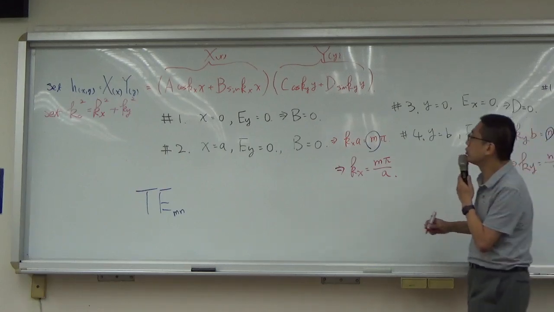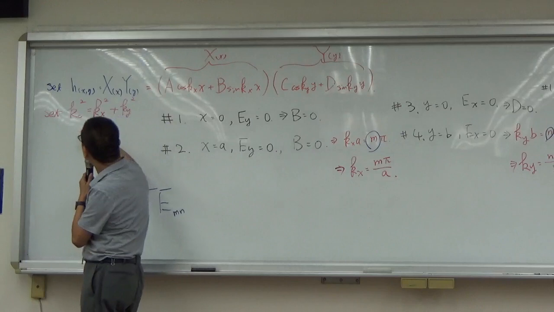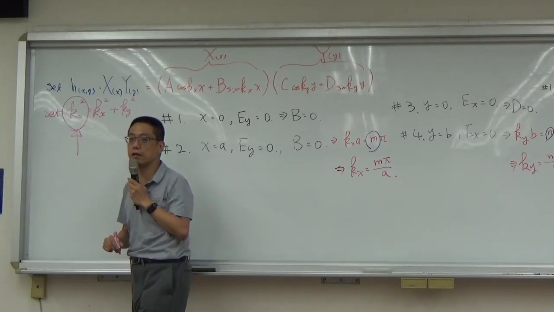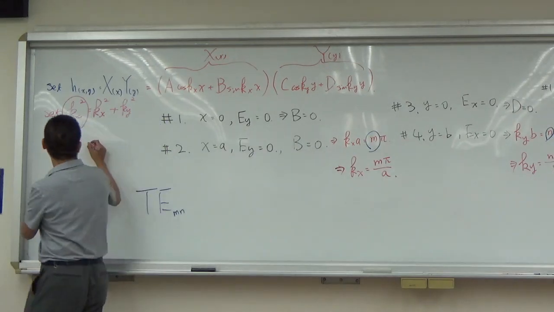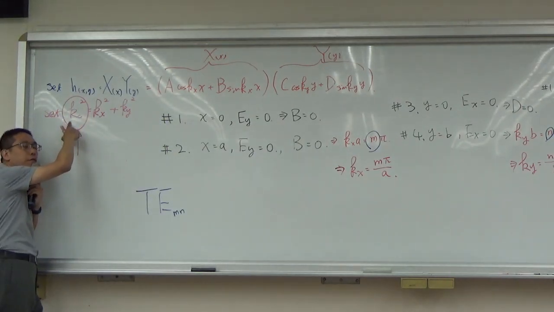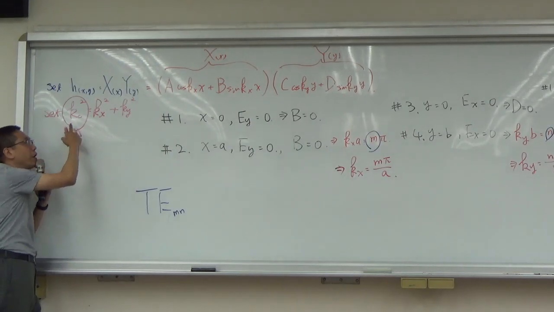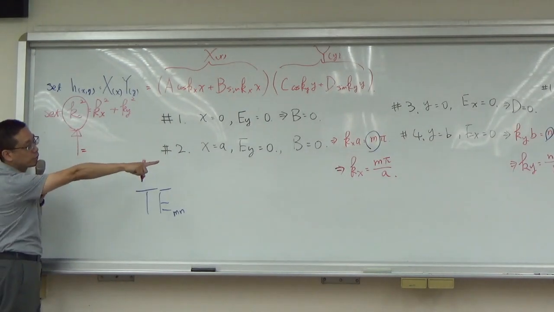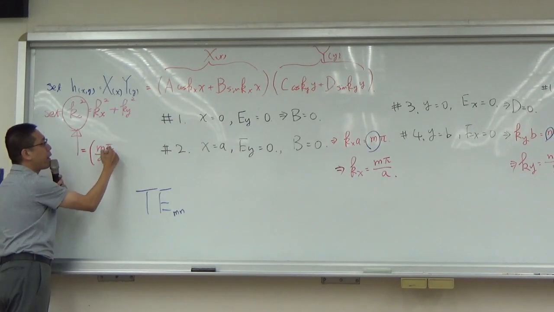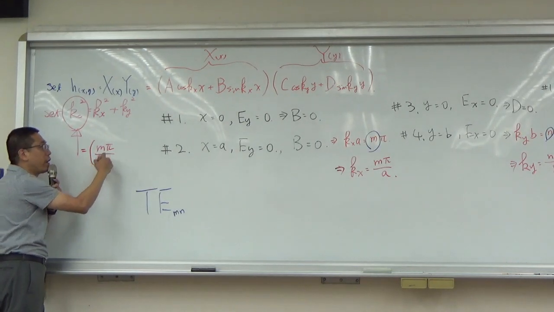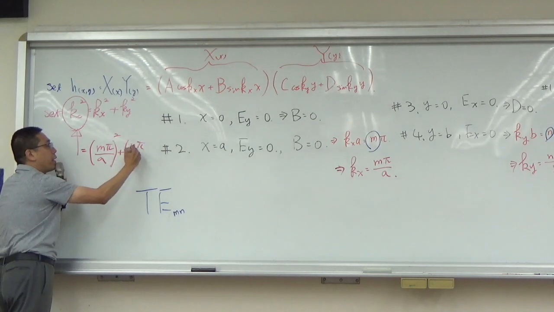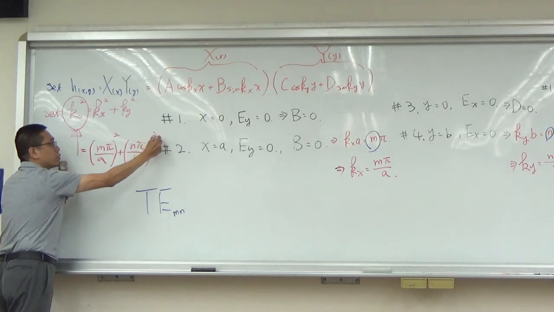Back to your definition of kc, you can calculate your cutoff wave number: kc squared equals (m pi over a) squared plus (n pi over b) squared.